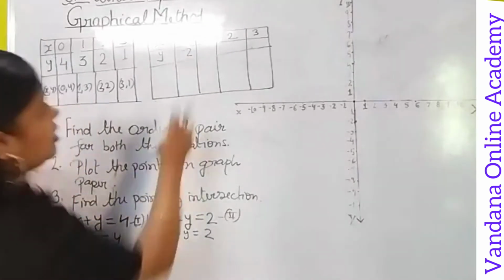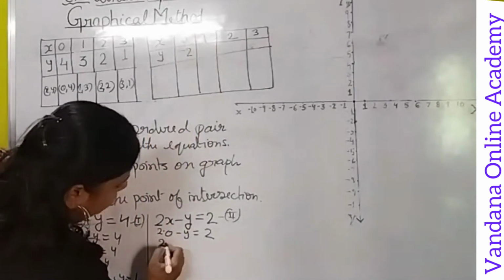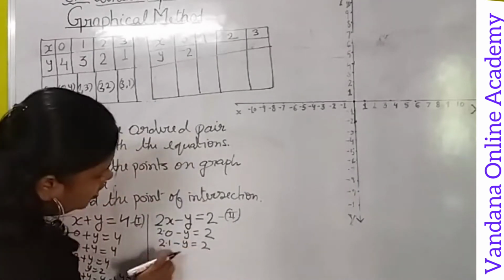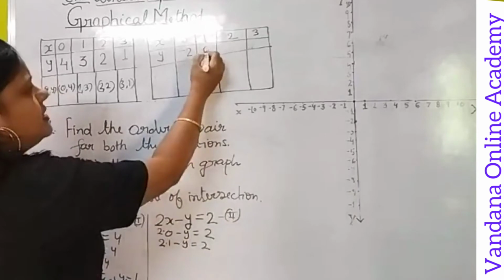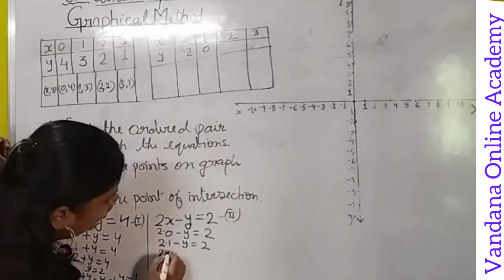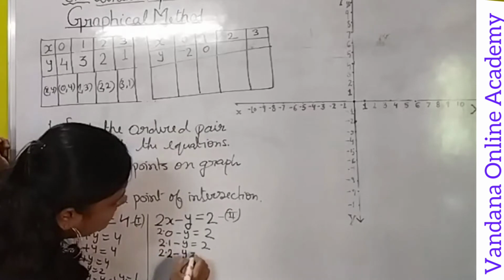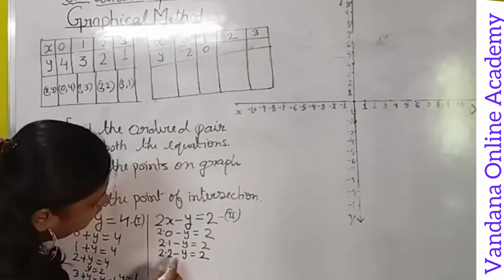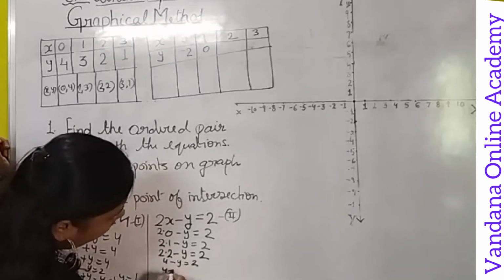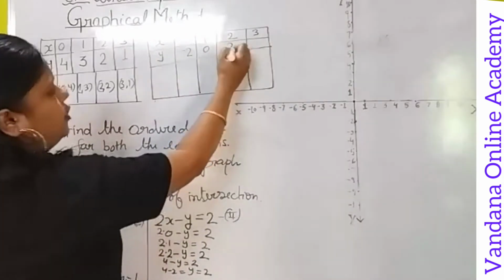Okay. Now 1. So we will keep 2 into 1 minus y equals to 2. So here we will get 2. This will go that side. We will get 0. Okay. Now 2. We will keep 2 multiply 2 minus y is equals to 2. Again it becomes 4. So 4 minus y equal to 2, or 4 minus 2 equal to y, equal to 2. So this we will get 2. Okay.